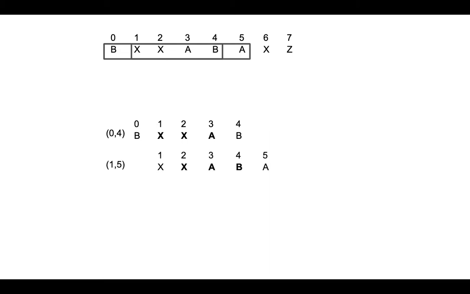So take the string formed by the indices starting from 1 till 5, and we have to check the boundary characters. X and A are not equal, so that means this string is not a palindromic substring. Now move to another window and check the boundary characters. So X is equal to X. Now we have to check whether the string formed by the inner characters is a palindromic substring or not.